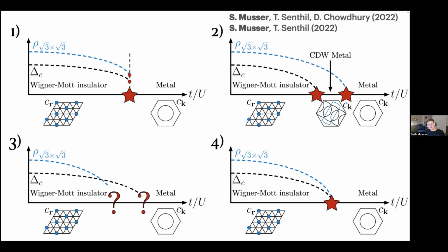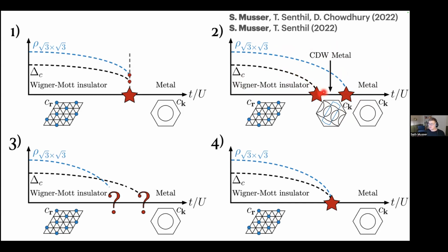That charge order will then reconstruct your Fermi surface, so you'll have a CDW metal. And then as you shrink bandwidth and increase repulsion, the size of the Fermi surface will shrink to 0. You'll open up a gap and you'll become an insulator.